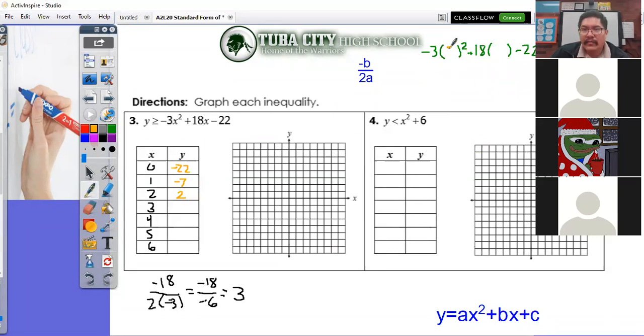And this would be 3. All right, so let's see, 3 squared is going to be 9 times -3. So that'd be -27. And 18 times 3 is 56. Let me double check that. 18 times 3, 54.